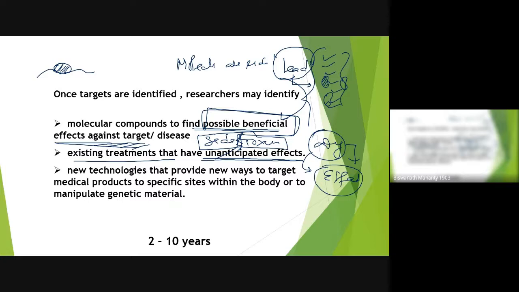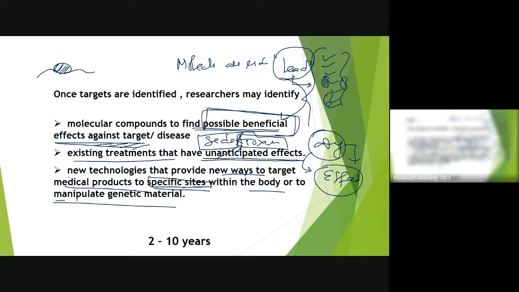You are not always using targeted drug delivery, but in some other organ, the drug can have some wrong consequences you need to know. And how can we have new technologies that provide new ways to target medical products to a specific site? If you are going for targeted drug delivery, you need to know where it is going to work, but always it is not possible within the body, or to manipulate the genetic material.